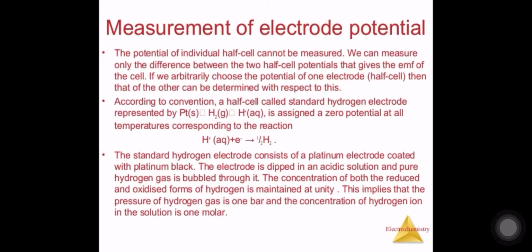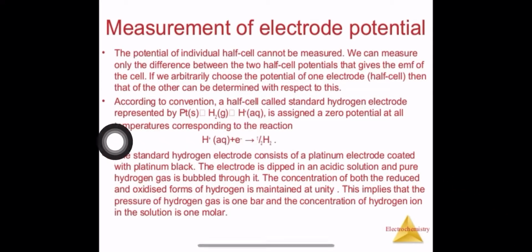There should be two simultaneous processes occurring together, that is, oxidation and reduction. Then and only then are we able to calculate the total electrode potential. But how will we calculate the electrode potential of one half cell and another half cell? For that we are supposed to use the reference of hydrogen.